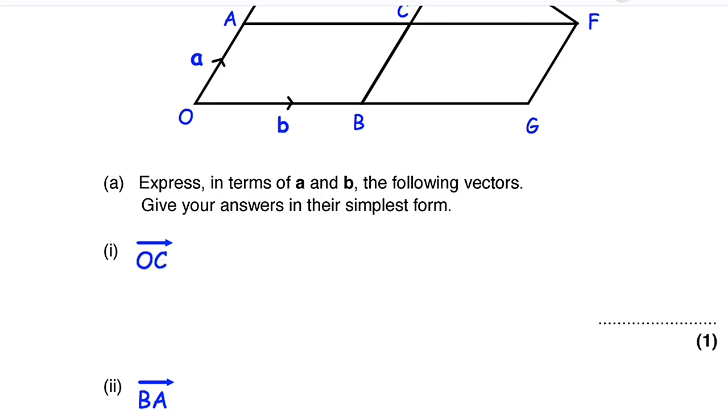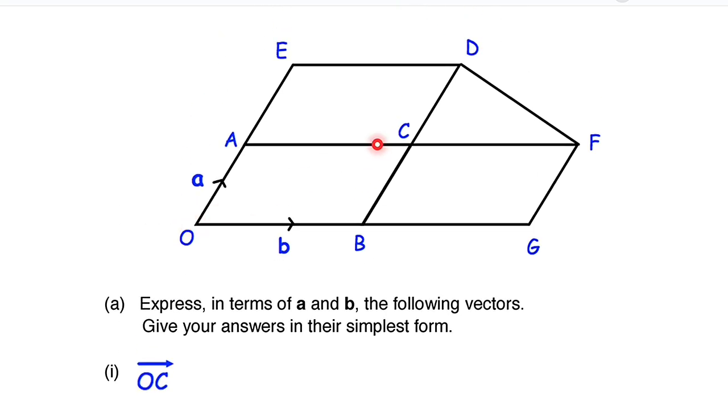What is OC? OC implies what? This vector from the origin to this point. One thing about geometrical vectors, since we don't have this value, you can follow every direction. Any direction you can follow in order to get to C from O. So you can follow here, then here, right?